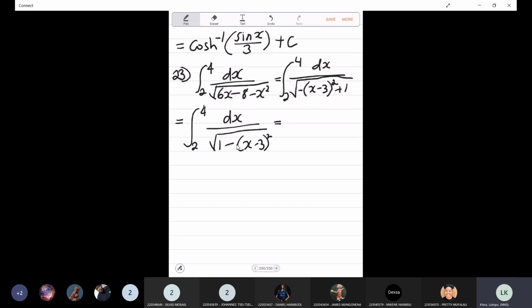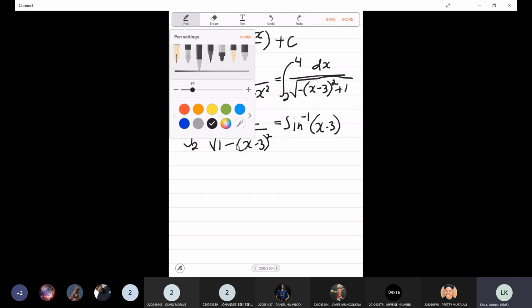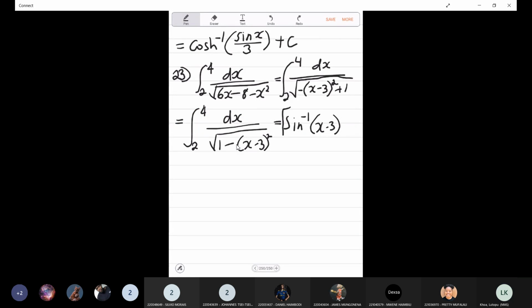So this is sine inverse of x minus 3, and then we don't add the constant of integration because this is a definite integral. Okay, then we integrate from 2 to 4.